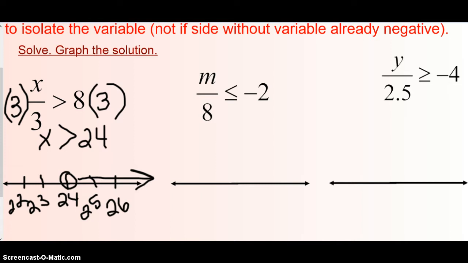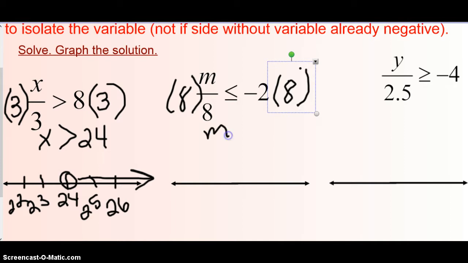The next problem we have is m divided by 8 is less than or equal to negative 2. Notice there is no negative sign here, so we don't have to worry about that, but we do want to multiply both sides by 8. It's going to leave us m is less than or equal to negative 2 times 8, which is negative 16.